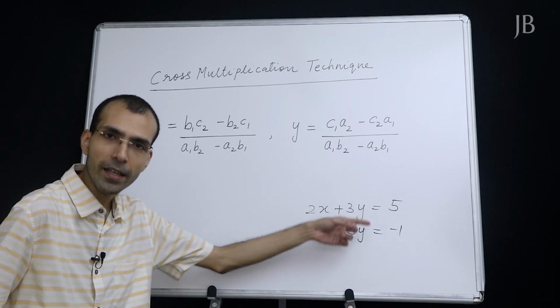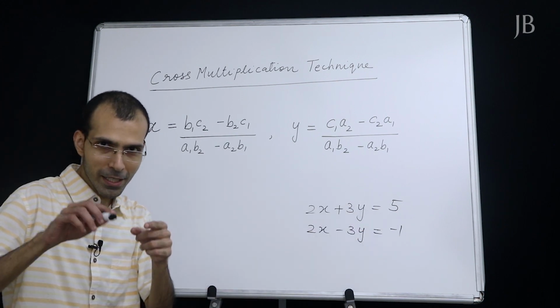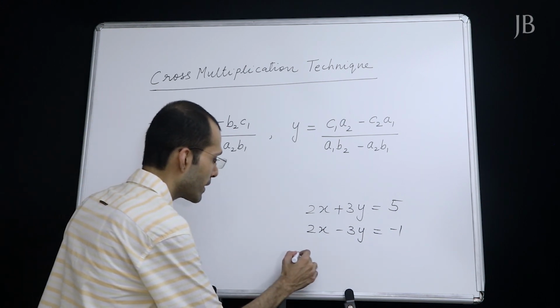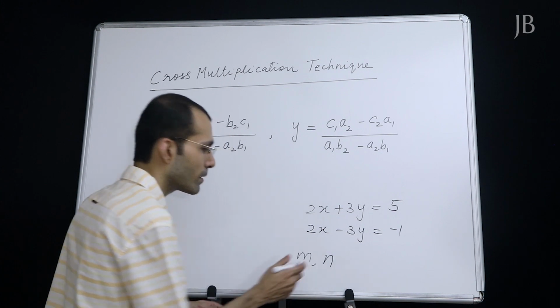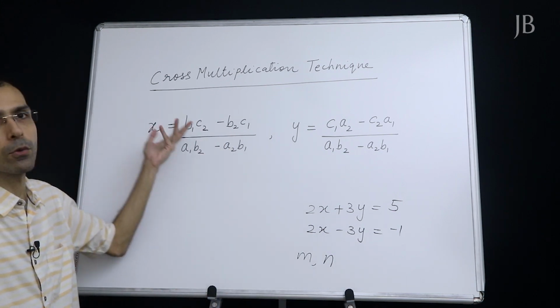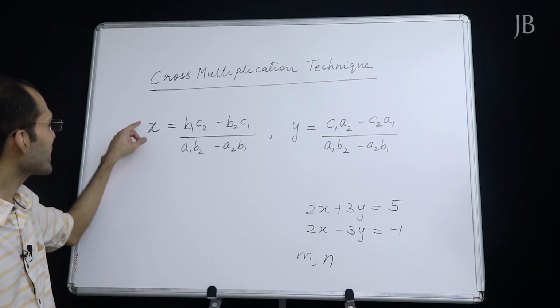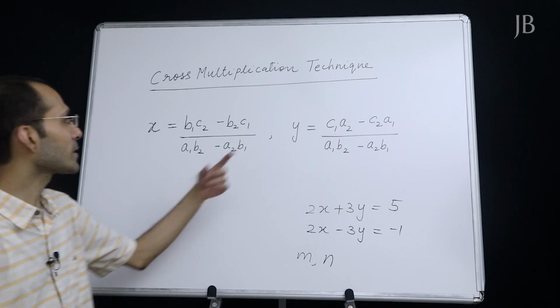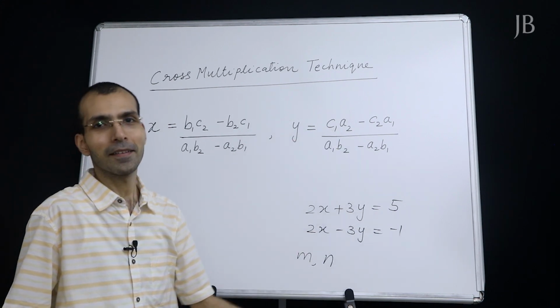Instead of x and y, if the equation is framed in m and n, then it's very silly for you to write x equal to. Then you will have to write m equal to. The first one m and the other one n. That way.